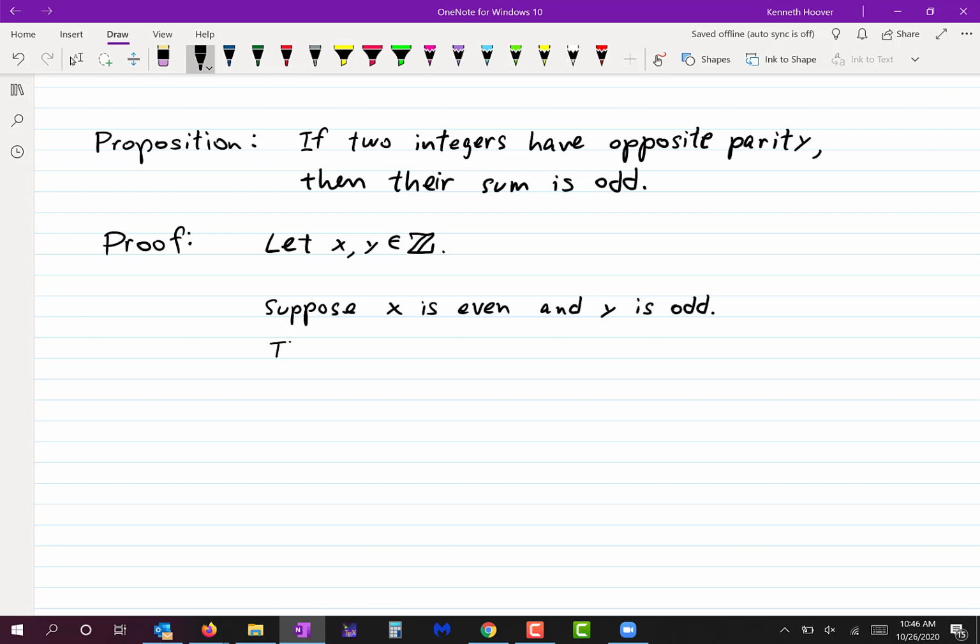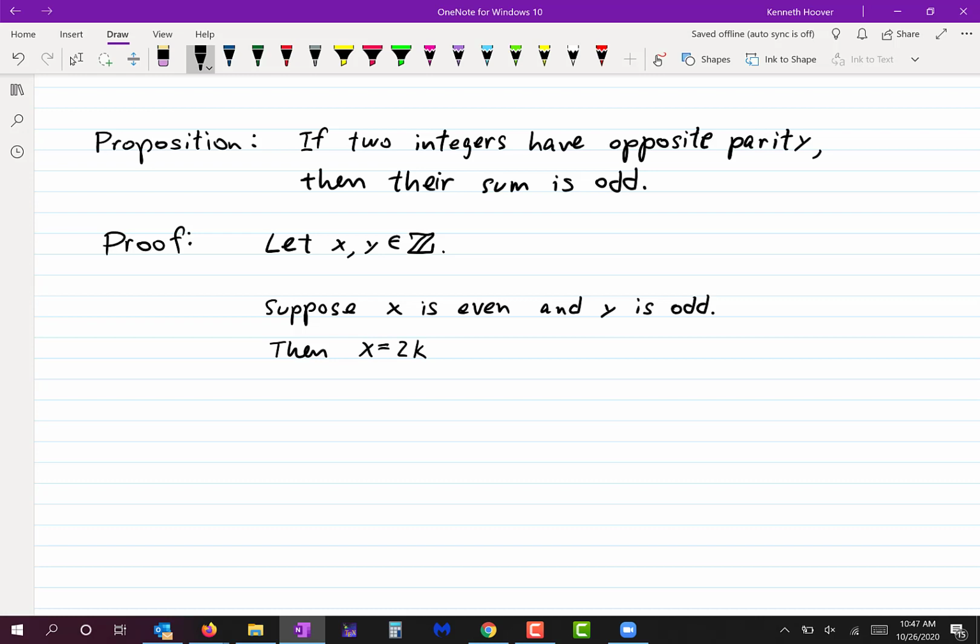Then x equals 2k for some integer k, and y equals 2j plus 1 for some integer j. So let's write this down.